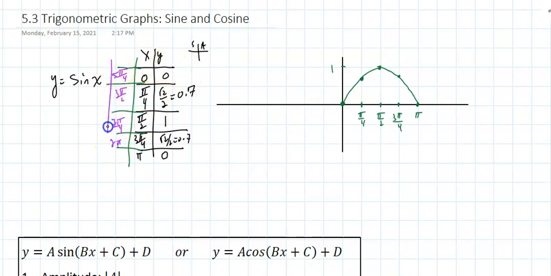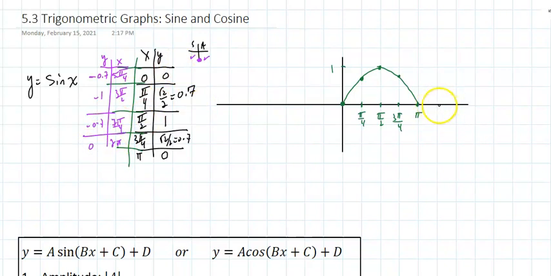Well, along with those, at 5 pi over 4, I know in this quadrant sine is negative, and it's radical 2 over 2, 0.7. 3 pi over 2, I know that's negative 1. 7 pi over 4, that would be negative 0.7, and at 2 pi we are at 0.